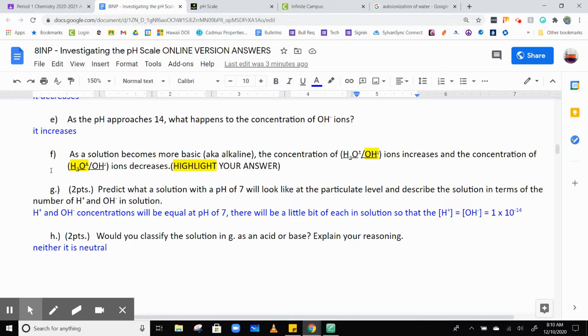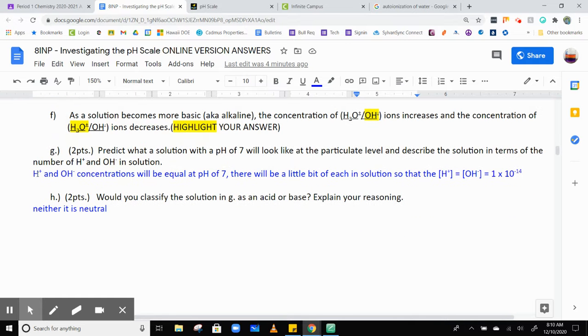If their H plus and OH minus concentrations are equal, then it's neutral. But this should say not equals, but times. So H plus times OH minus should always equal 1 times 10 to the negative 14.